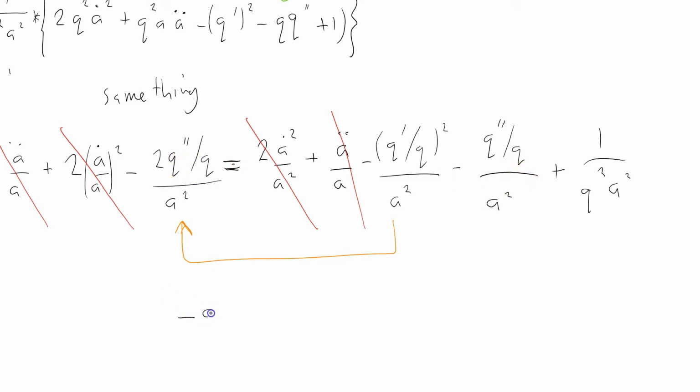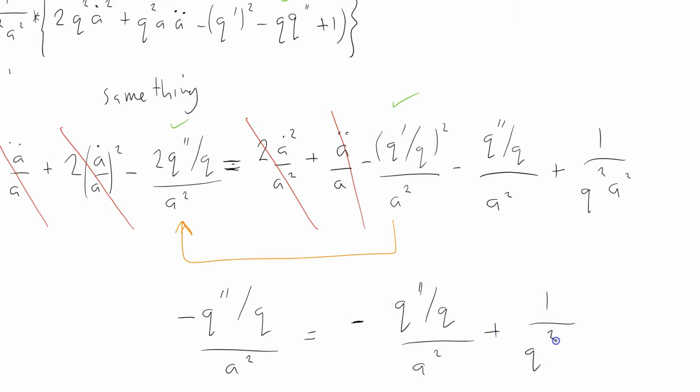So it's minus q double dash over q over a squared equals, and that means I have accounted for that term and that term. I've only got 2 more left. Minus q double dash over q over a squared plus 1 over q squared a squared.